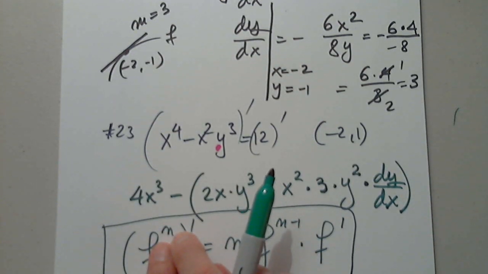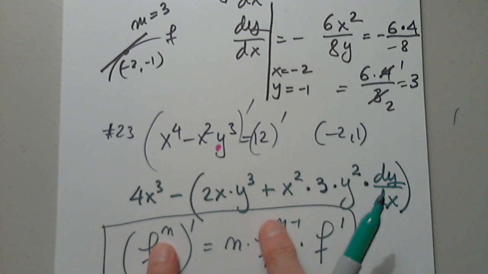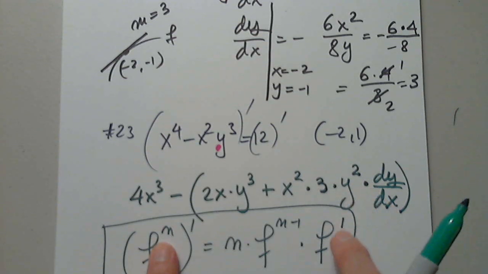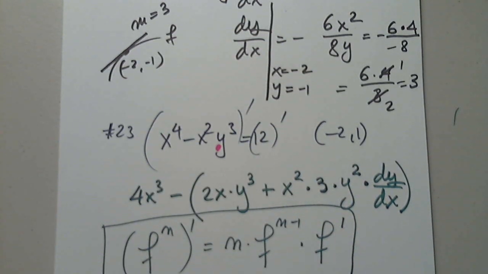So we have 3 here. So then I have to write 3 times the function to 3 minus 1 times the inner function prime. Is that okay? Yes, thank you.